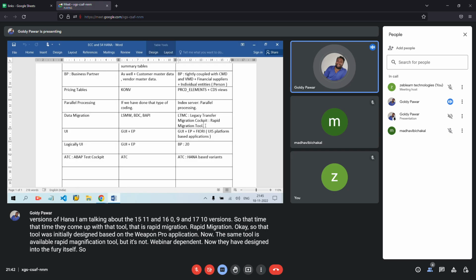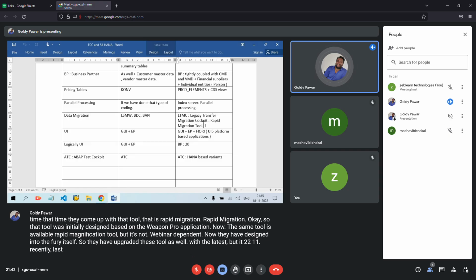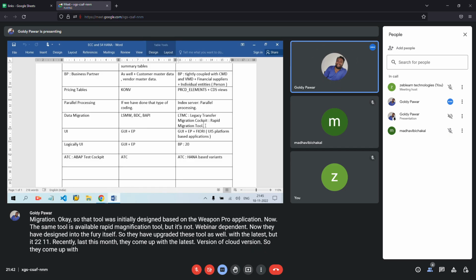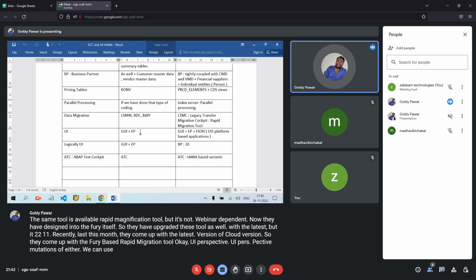So they have upgraded this tool as well with the latest version, 22.11. Recently, this month, they came up with the latest version of the cloud version. So they came up with the Fiori based rapid migration tool. From the UI perspective, we had the limitation of either using the traditional GUI or the enterprise portal.